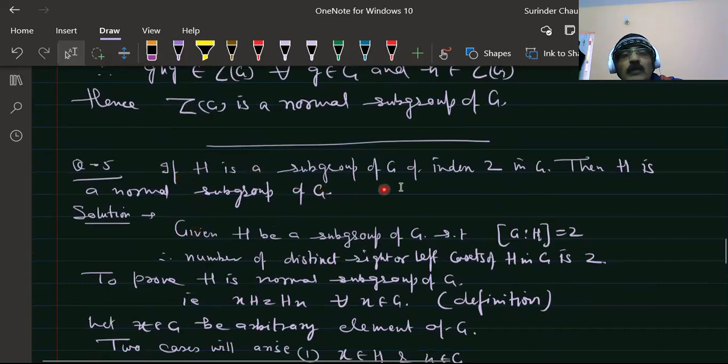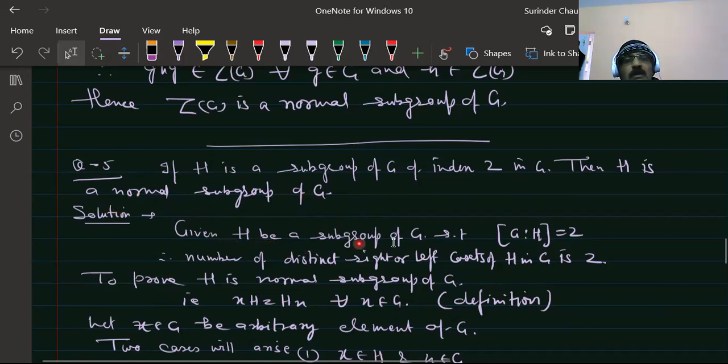If H is a subgroup of G of index 2, meaning the number of distinct left or right cosets of H in G is 2, then H is a normal subgroup.